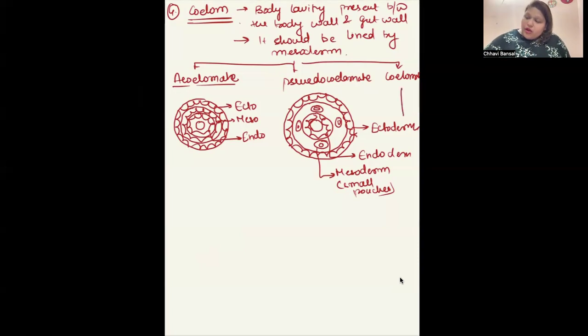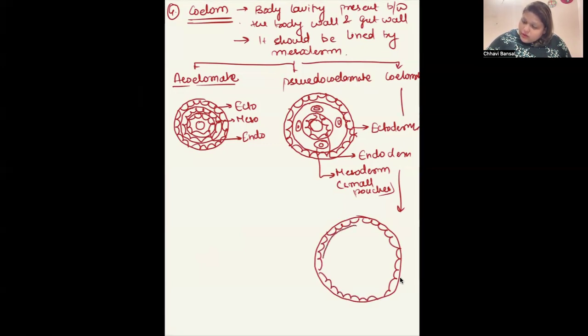Okay, and the coelomate, how do they look? Ectoderm, okay, then this is our gut wall. In the gut wall, we have endoderm. Now there is a body cavity present, which is lined by mesoderm.